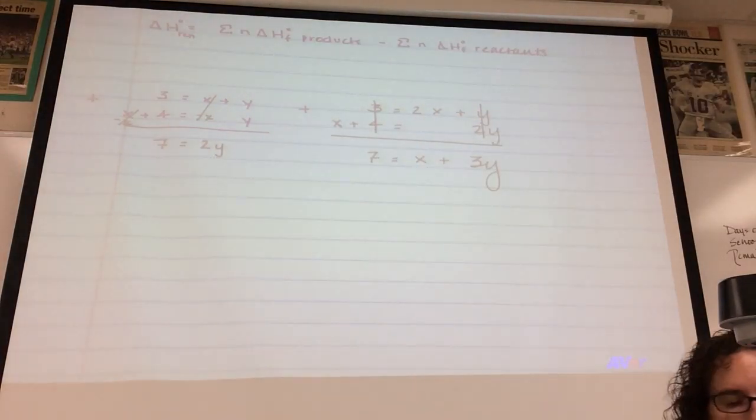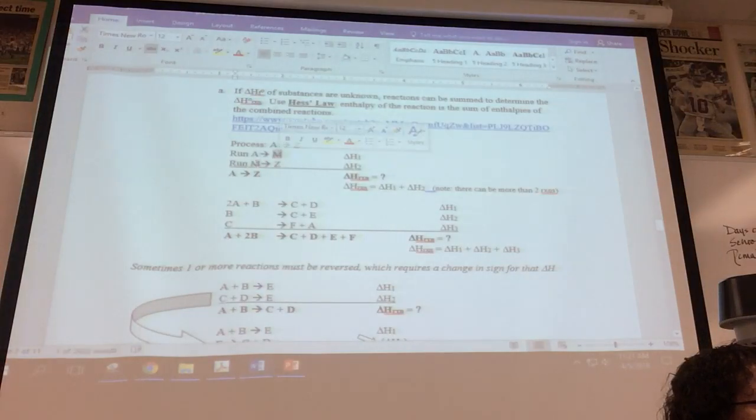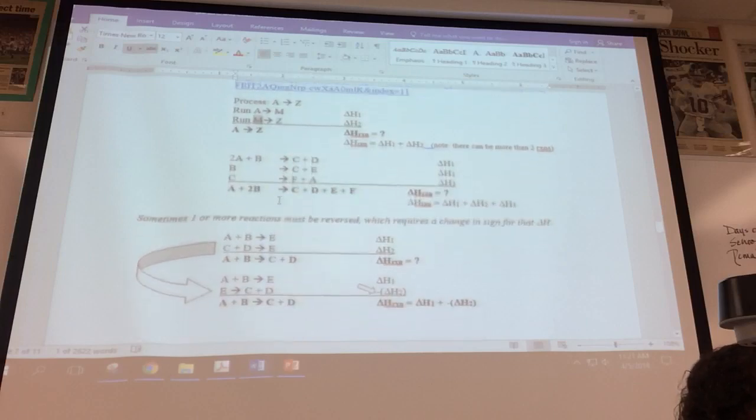But you can treat Hess's law very algebraically. If you have the same substance on opposite sides of two equations and the coefficient is the same, it will cancel. Right, Riley? Absolutely.